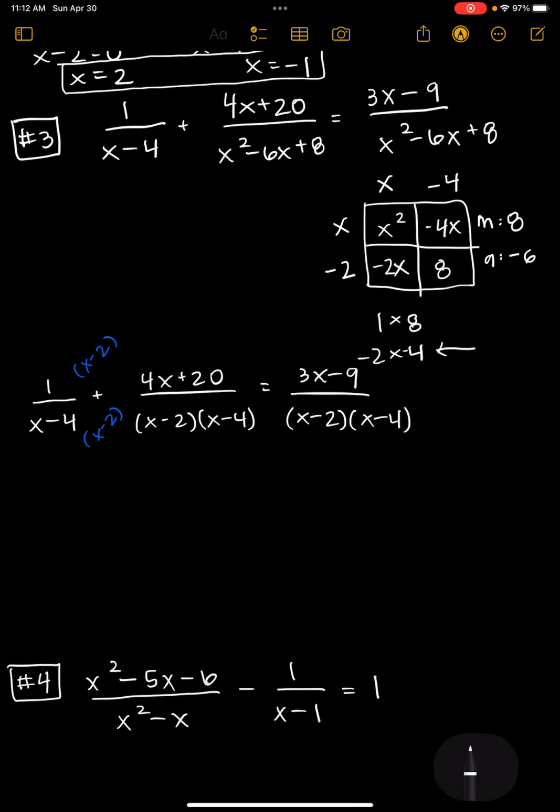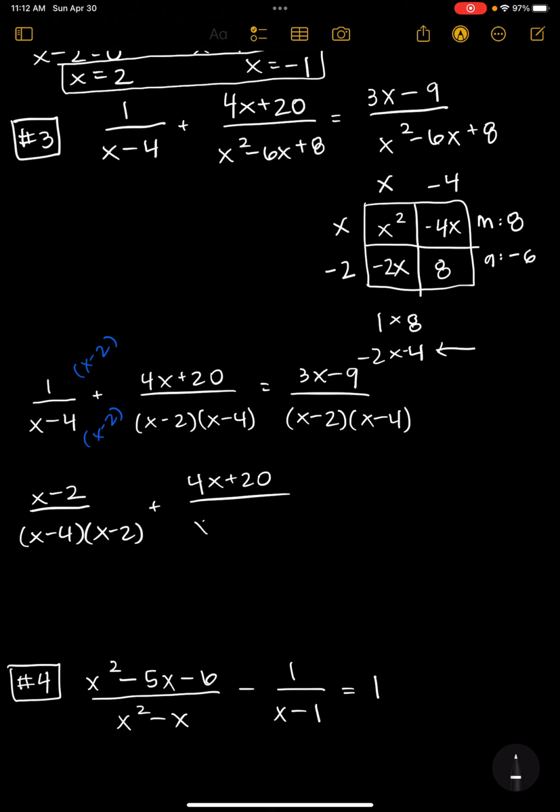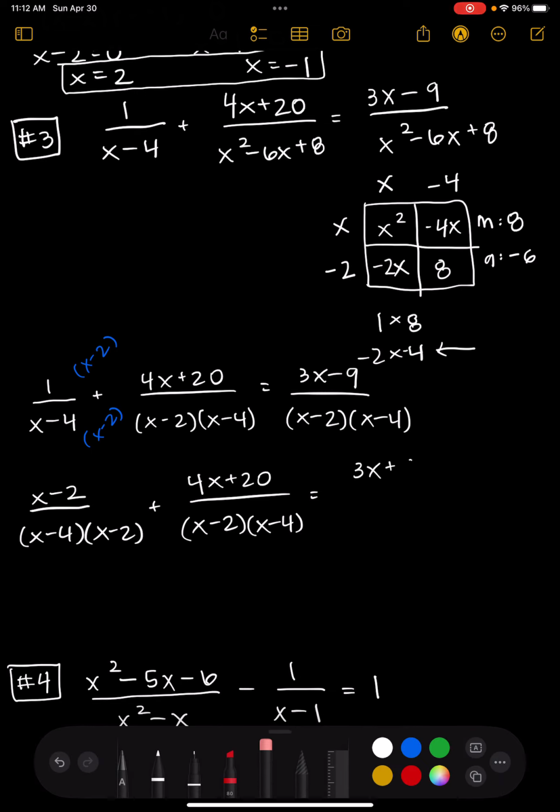And we would end up with 1 times x minus 2 is just x minus 2 over x minus 4, x minus 2 plus 4x plus 20, x minus 2, x minus 4 equals 3x, or I'm sorry, minus 9 over x minus 2, x minus 4.